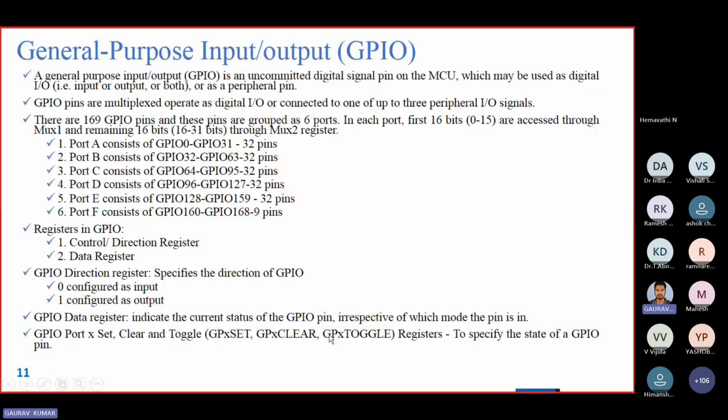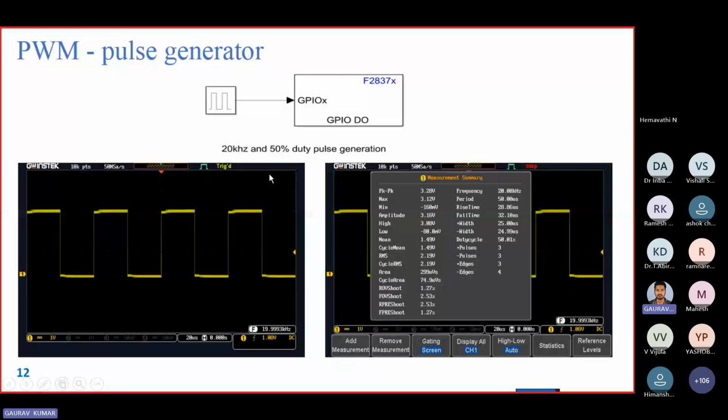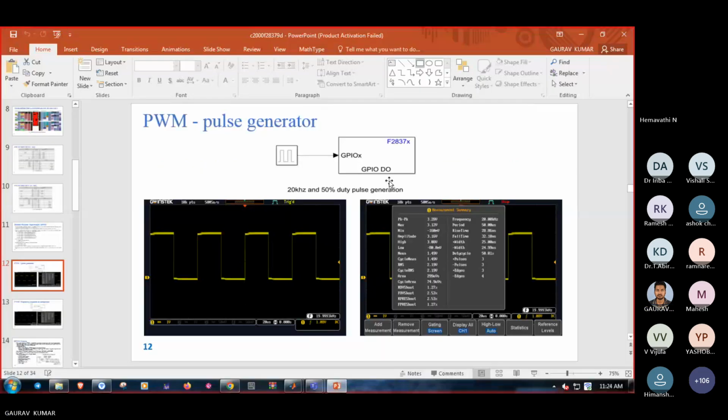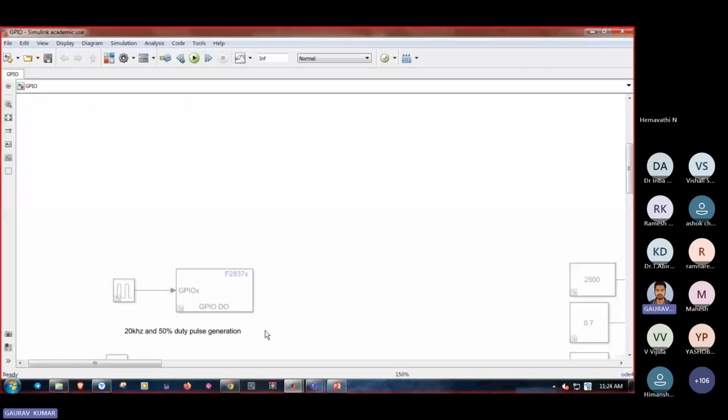Now I will show how to generate PWM pulses with the help of a GPIO pin. I have generated a 20 kilohertz pulse with 50% duty cycle. This is the Simulink model.